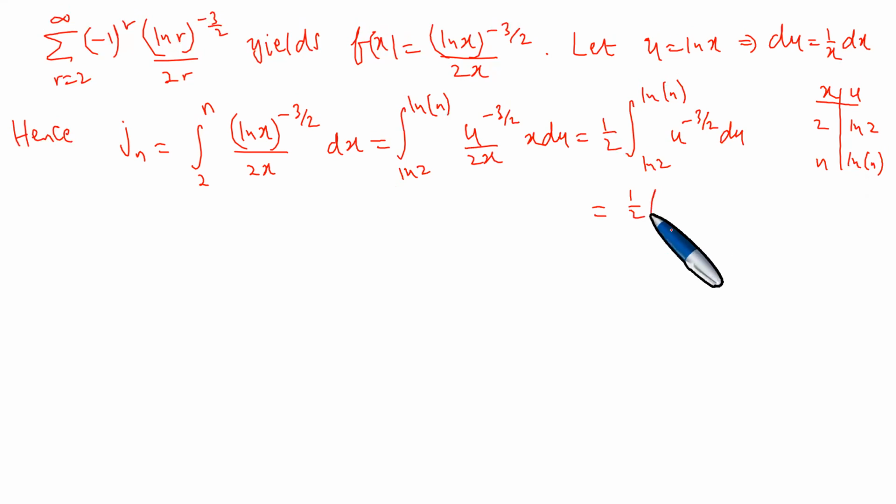You add 1, it becomes 2 over 2, which is minus 1/2. What is the integral of u to the power minus 3 over 2? If you add 1 to minus 3 over 2, you get minus 1/2. So this becomes minus 2u to the minus 1/2.